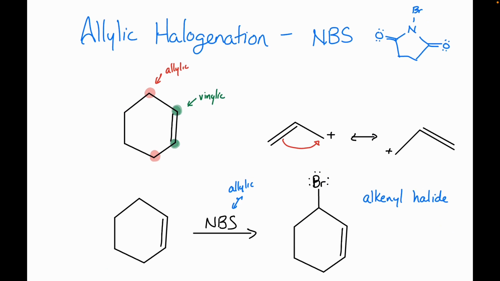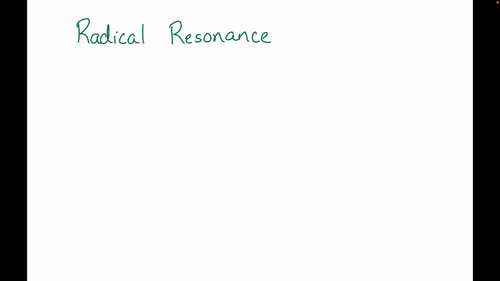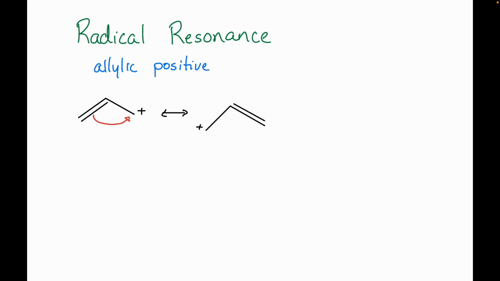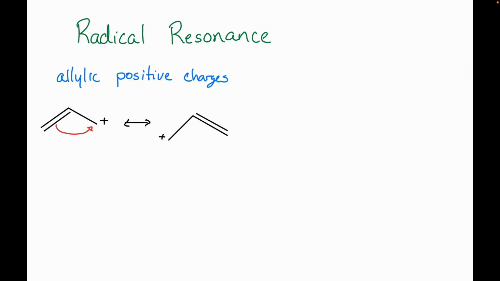So we said, let's just put this one down here because it's going to be very similar. We said that these allylic positive charges exhibit resonance. We are going to see something very similar for allylic radicals.